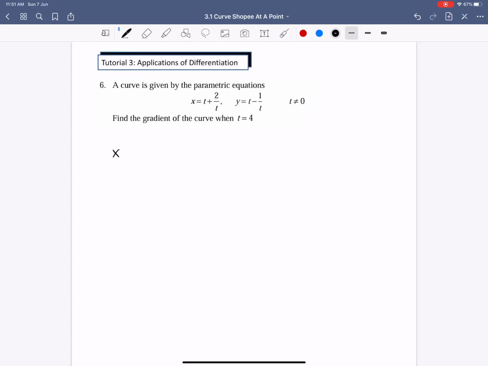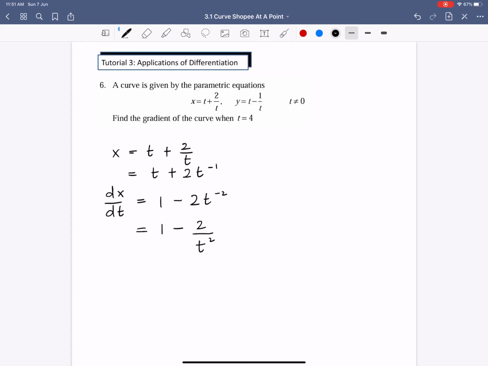We have x equals t plus 2 over t, where this can be rewritten as t plus 2t power of negative 1. Therefore, dx dt equals 1 minus 2t power of negative 2, where this can be rewritten as 1 minus 2 over t square.